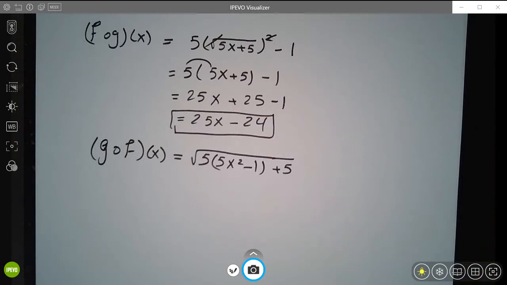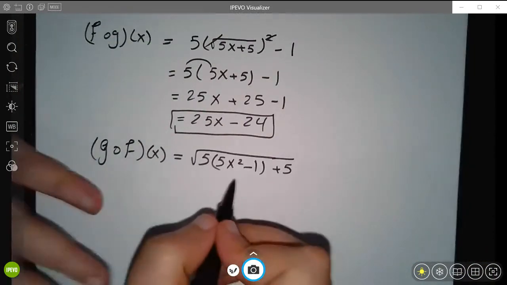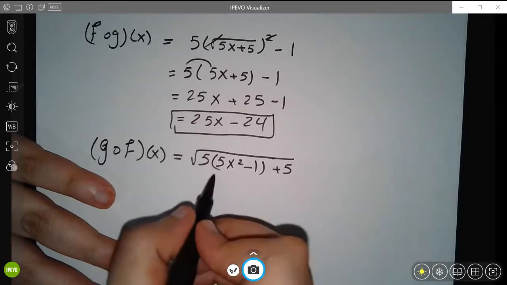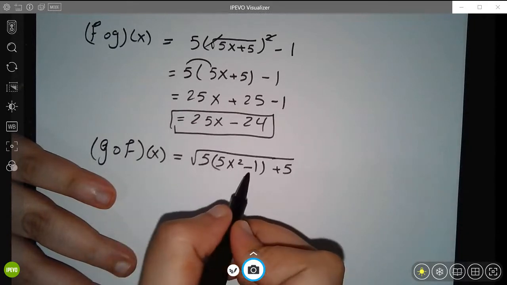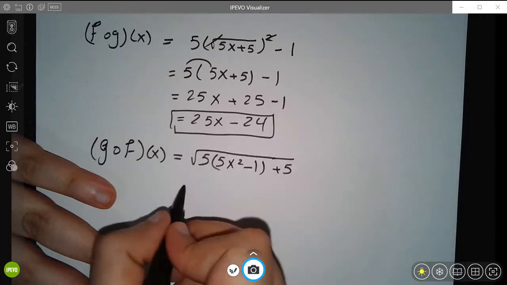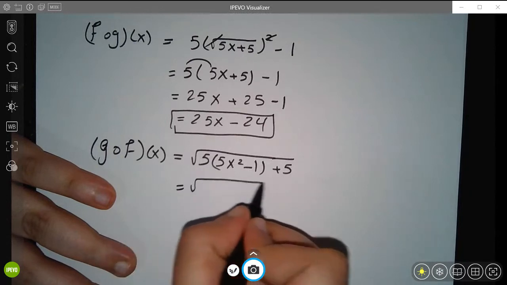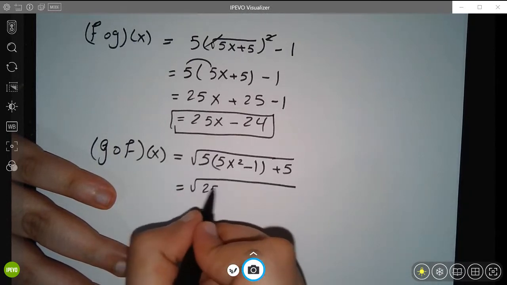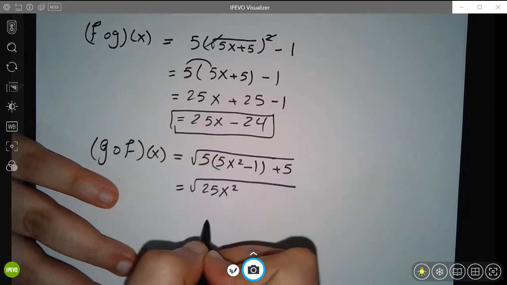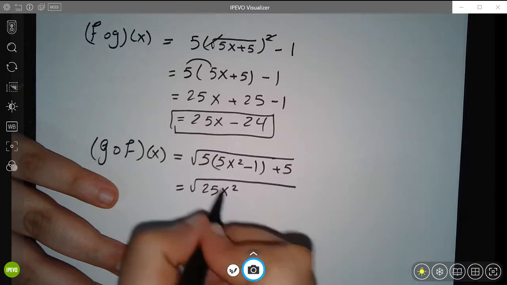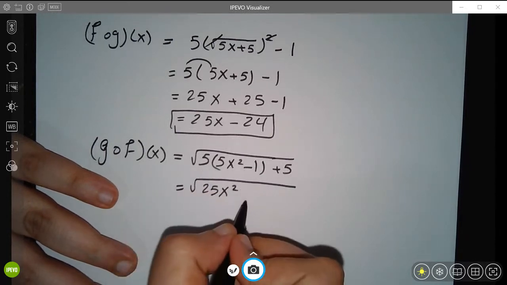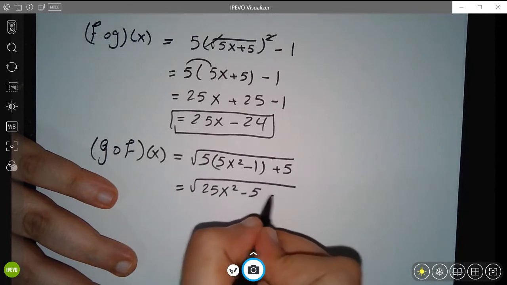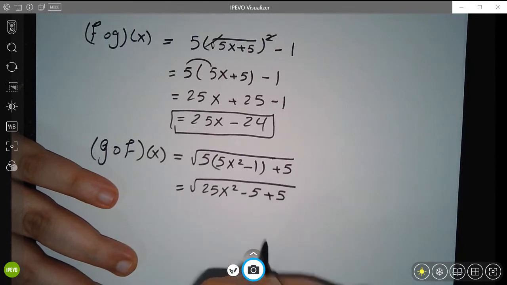Okay. Now we calculate. So we have what? Let's see. You have 5 times the parentheses, so let's multiply it in. And remember to keep your root. So you have 5 times 5, which is 25x squared. Yes? 5 times the negative 1 is negative 5 plus 5.